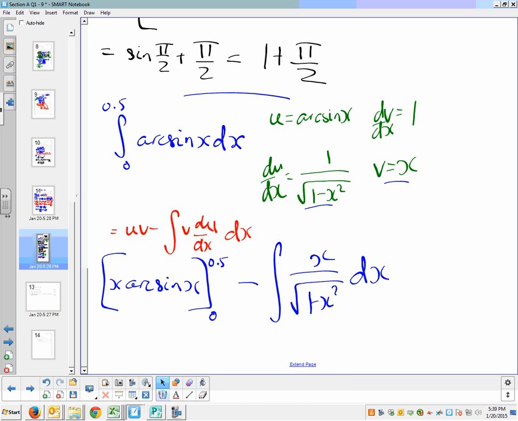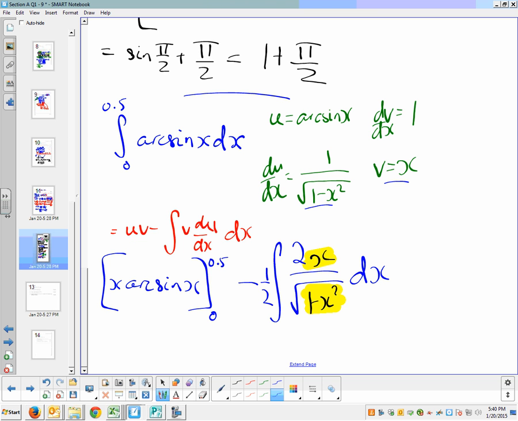Now, there's a neat little trick you need to spot here. You can do this by substitution, but you should spot that the thing inside the brackets differentiates to a multiple of the thing on the top. If I put a 2 there and a half outside, they're the same.